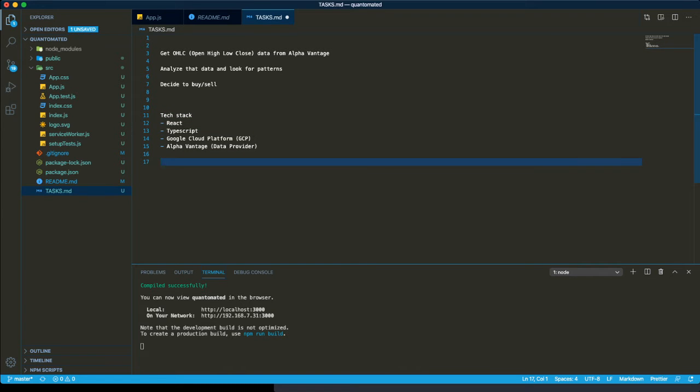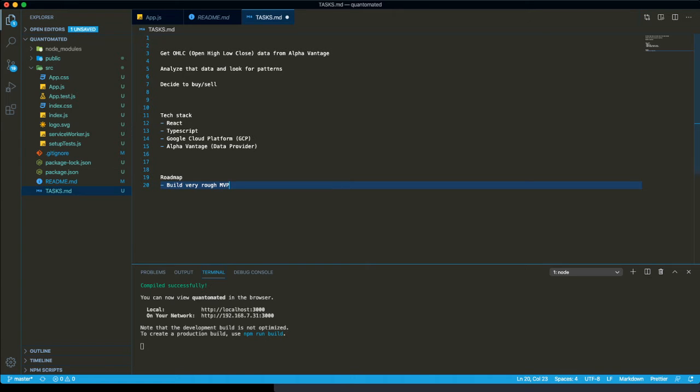And then in terms of an overall roadmap, basically build a very rough, what's called an MVP. So it stands for minimum viable product.